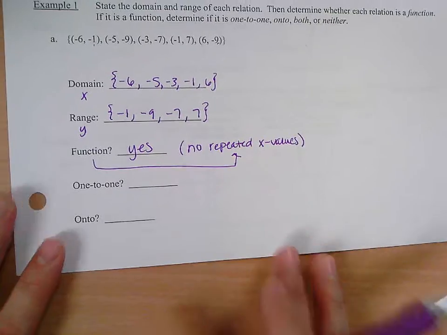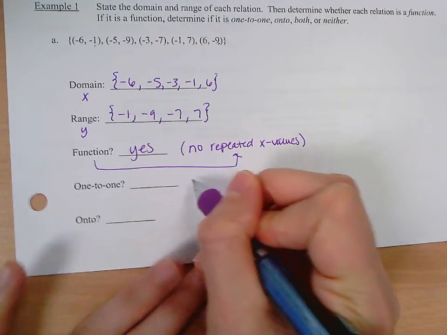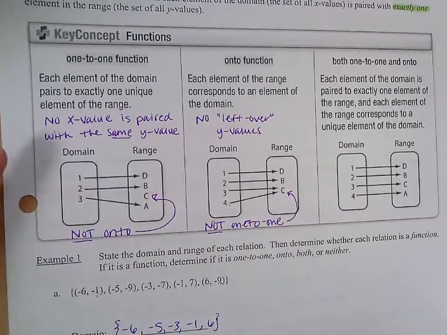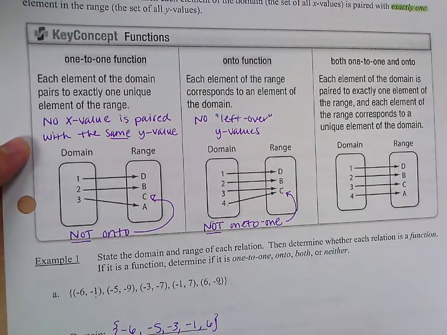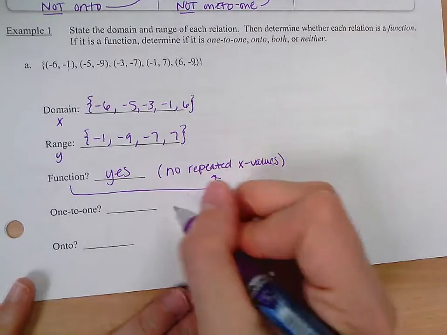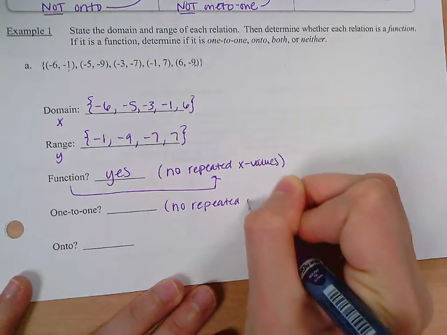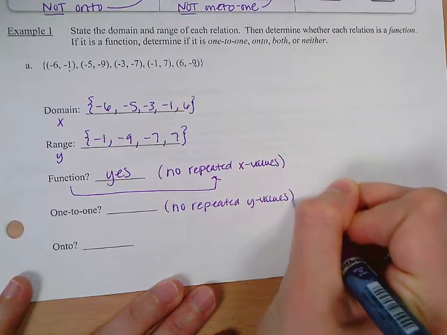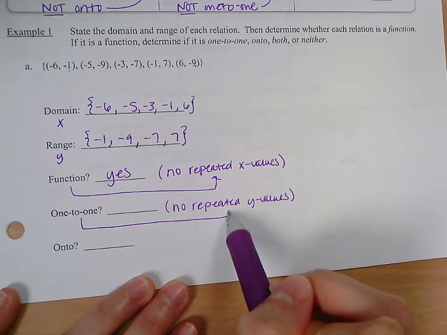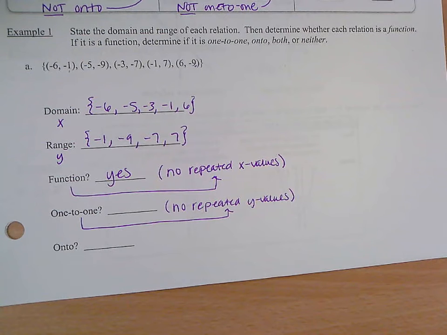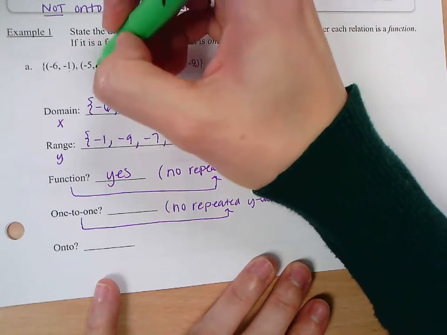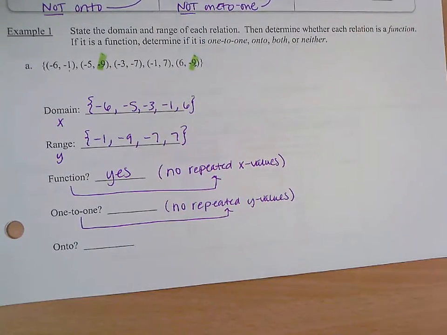So one-to-one, this would be true. Again, like I had wrote up here, no x values paired with the same y value. So if you have no repeated y values, then it's one-to-one. Okay, but if I look at the ordered pairs that we have, I see that two of those ordered pairs have the same y value of -9.